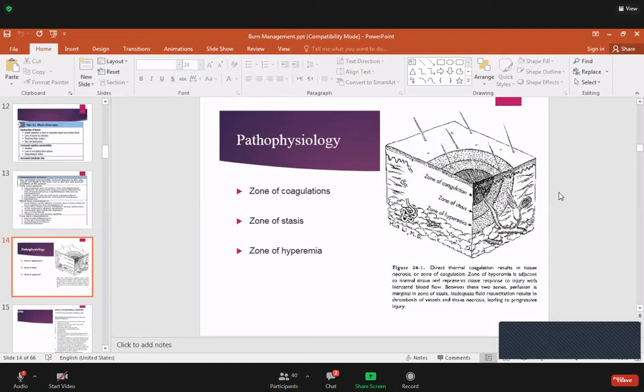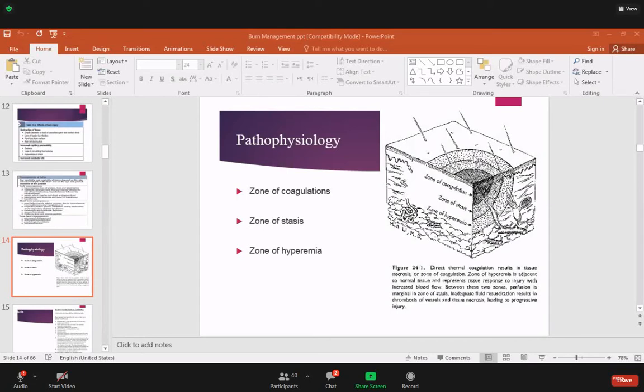If there is inadequate resuscitation, the zone of stasis will keep on increasing and it will press on the zone of coagulation. There will be thrombosis of the vessels in the hyperemic region, and the injury will increase.